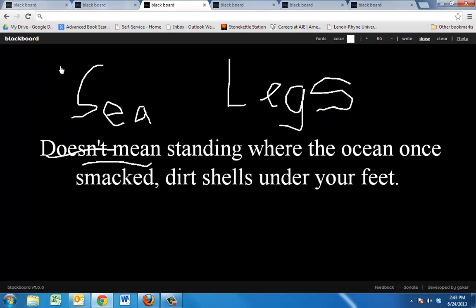When we remember that the title of the poem is Sea Legs, now we can make this into a complete sentence. Sea legs doesn't mean standing where the ocean once smacked dirt shells under your feet. You have to fill that information in. So be on the lookout for sentences like that.